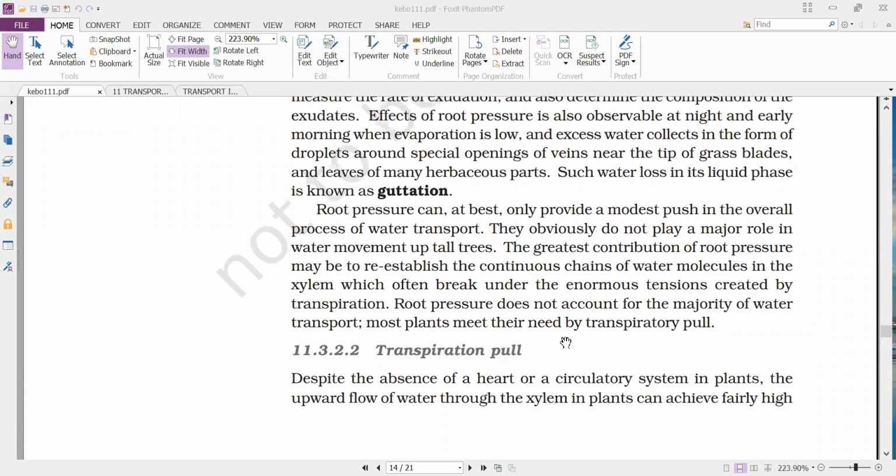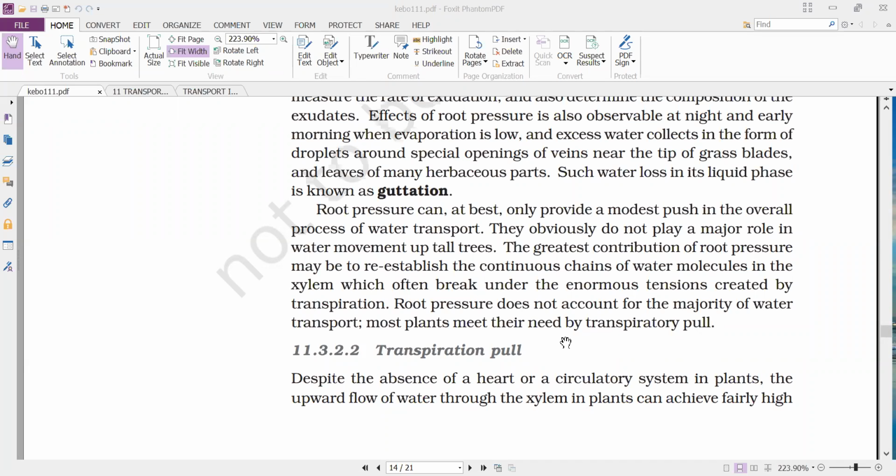But for the continuous supply of water to the plant, a continuous chain of water has to be maintained. So to maintain that continuous chain of water molecules in the xylem or in the vascular tissues, the root pressure plays a very important role, to re-establish broken chains of water molecules due to transpiration.